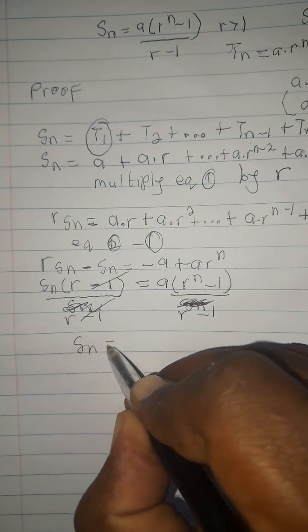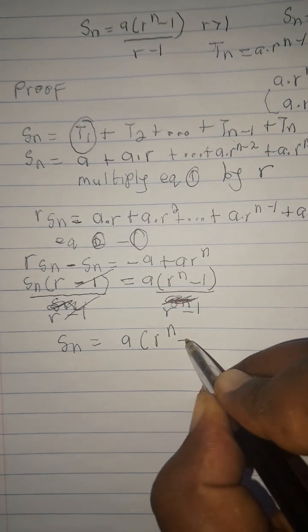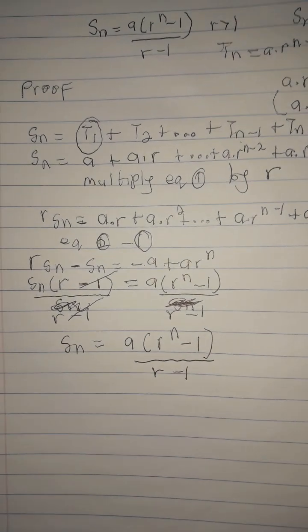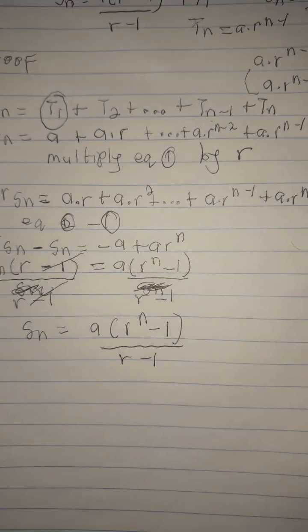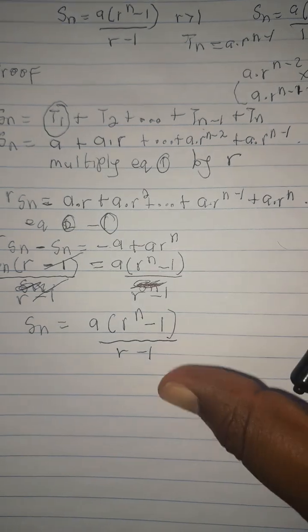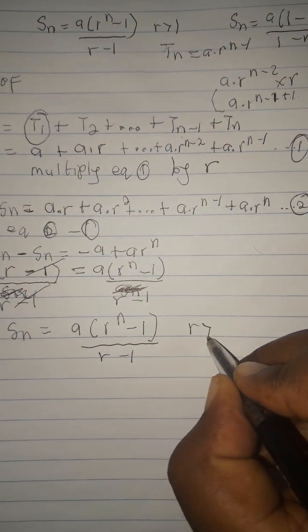Then Sn is now the subject. We are left with A times r to the power of n minus 1, divided by r minus 1. So we have proven the first formula. You use this formula when r is greater than 1.